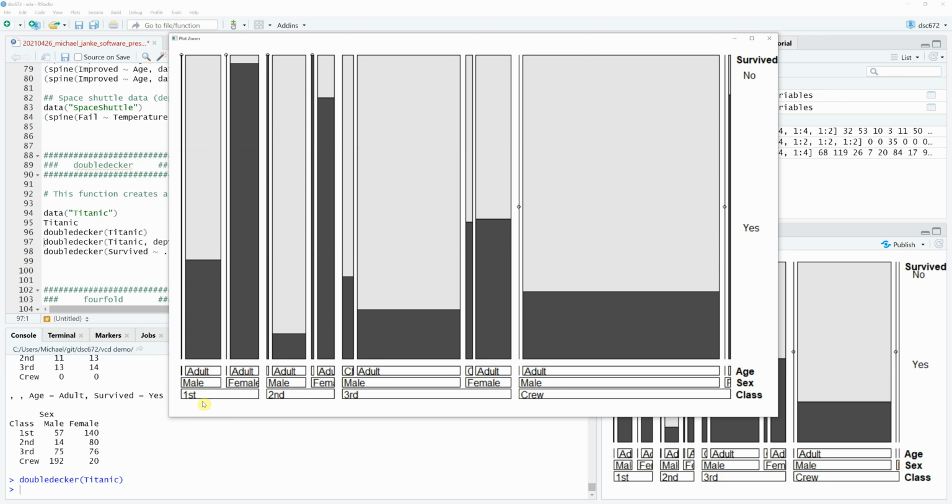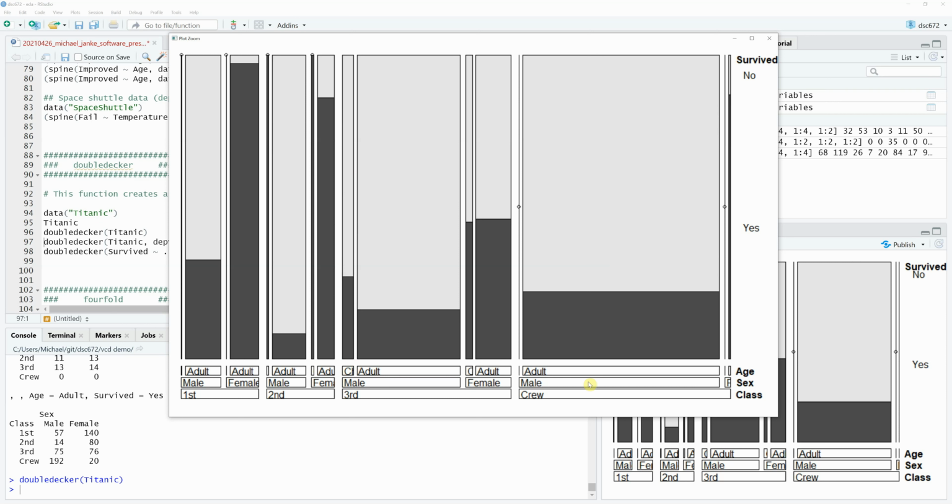If we look at first class, male, adult versus child, that child here is really thin. Same for female. Then when you look above, did they survive, yes or no? You can't necessarily see in the sliver whether they survived, and it's really hard to read if there's gray. But by looking at it, I would assess that none of the children here survived in any of these categories. Not until you get to third class do we see a higher component of children and higher survival.